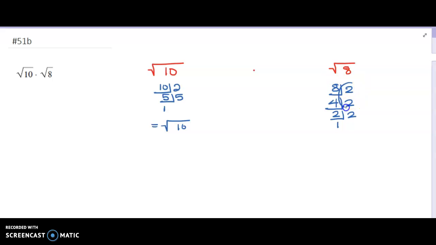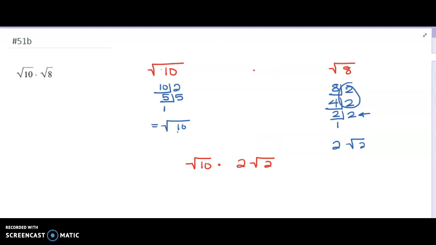Okay, so we have a pair of 2's and then a leftover 2, so this is 2 square root of 2. Okay, so square root of 10 doesn't break down. Square root of 8 breaks down to 2 square root of 2. So when I say square root of 10 times square root of 8, it's the same thing as saying square root of 10 times 2 square root of 2. Okay, but we're not done. Okay, we want to combine these together and simplify them.